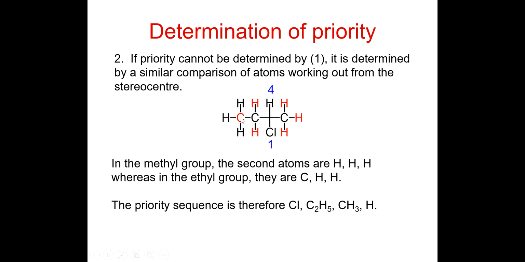So carbon, of course, is bigger than hydrogen because the atomic number is 6 for carbon. Right? Okay, clear. So the alkyl group ranks higher than the methyl group. So the priority sequence is chlorine, alkyl group, methyl group, and hydrogen is the lowest one.